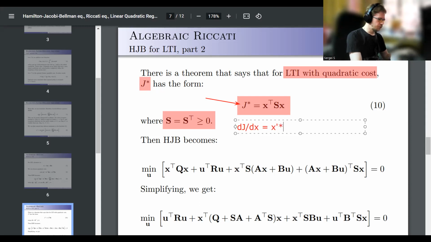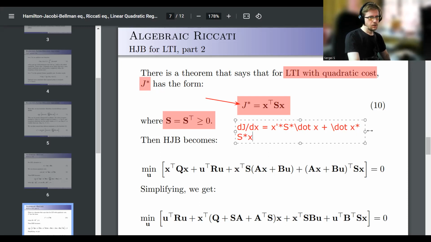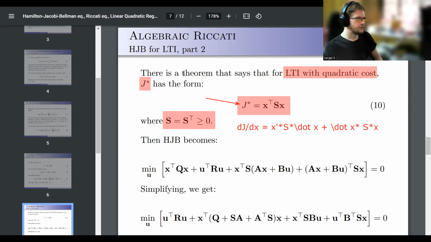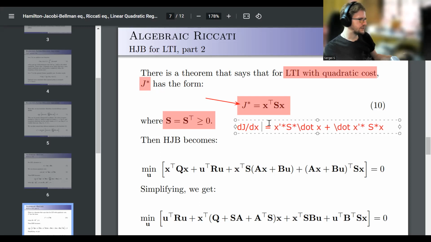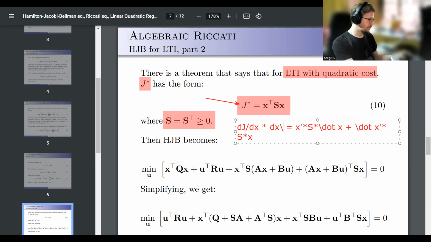So we'll have X transpose times C times f of X, plus, okay, this would actually be our derivative with respect to X times dx/dt, I guess.